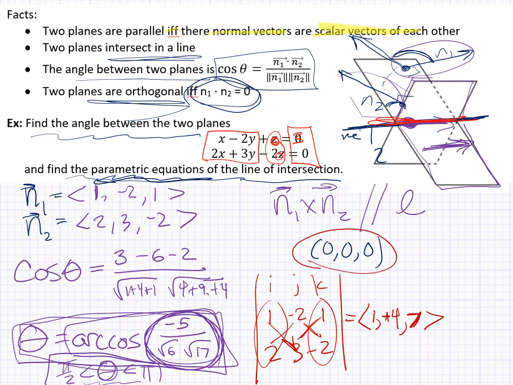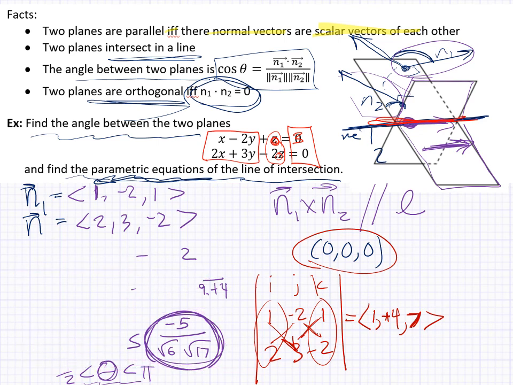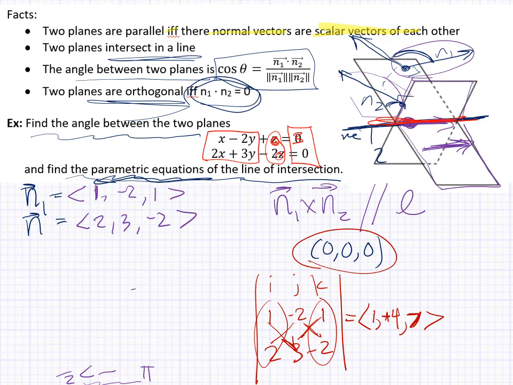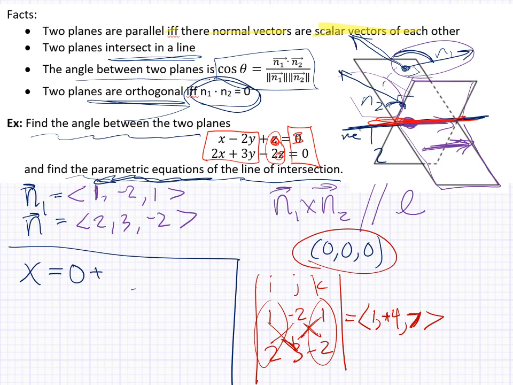So now, if I can erase some of this, I can write the equation of the line. That's what we're doing here, as x equals 0 plus 1t, y equals 0 plus 4t, and z equals 0 plus 7t.